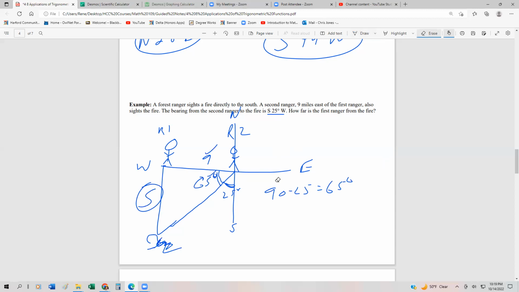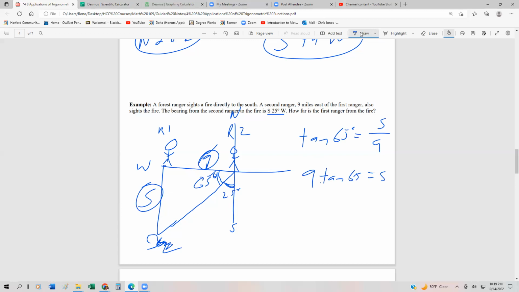Okay, and so what we can do is we can use just a little bit of our trigonometry. We can use our tangent function, and we could say the tangent of 65 degrees is going to be equal to the opposite, which is the south, divided by the adjacent side, which happens to be the 9 miles. We multiply both sides by 9, so 9 tangent of 65 is going to be equal to the south, and then we can just throw that right into our calculator.